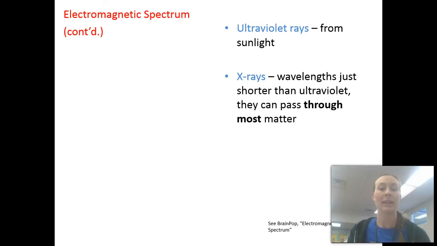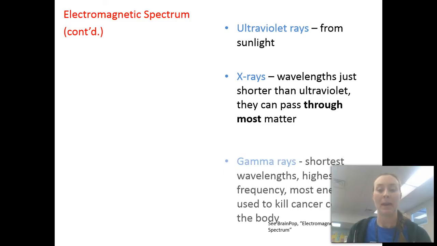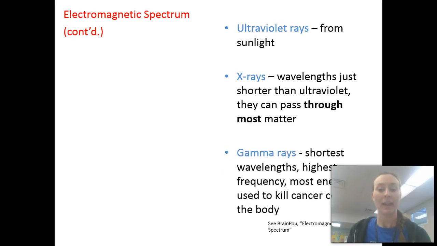X-rays have wavelengths just shorter than ultraviolet, so they can pass through most matter. Gamma rays have the shortest wavelengths, highest frequency, and most energy, and gamma rays can be used to kill cancer cells in the body. Radiation is one type of cancer treatment, and they use gamma rays.